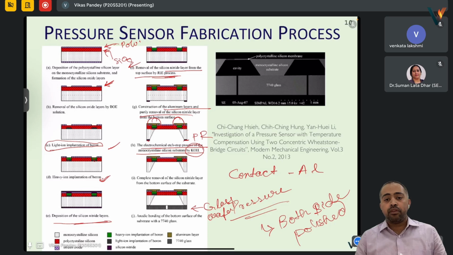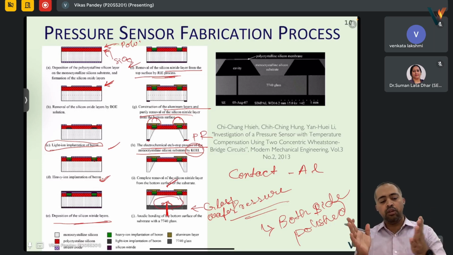Now, based on our purpose or use, they want the pressure to enter from here and they will have a reference pressure on the top. So they are creating these holes on the glass again using lithography. But in some cases, like when I worked on one of the pressure sensors, we went for having it hermetically sealed.